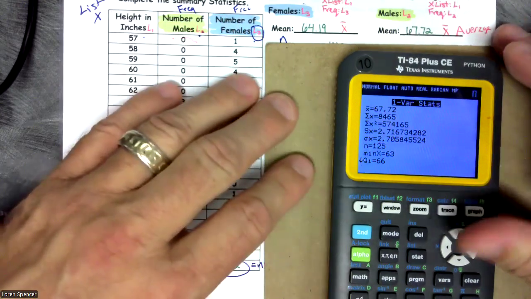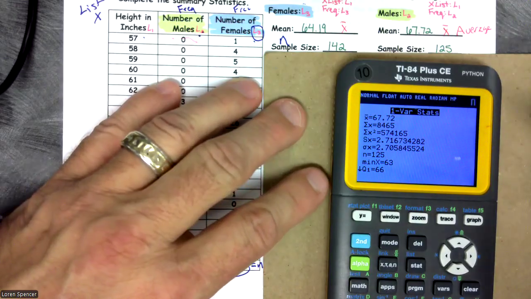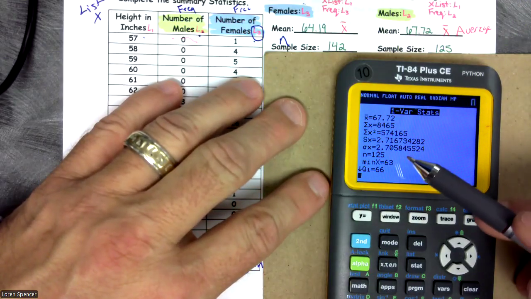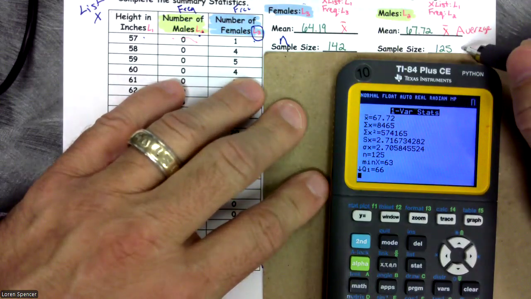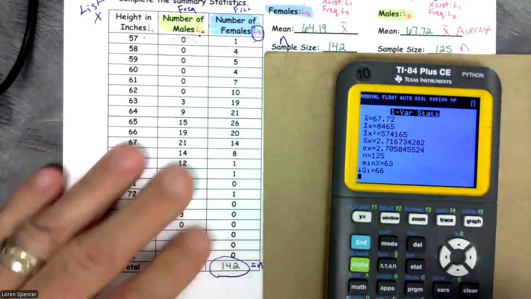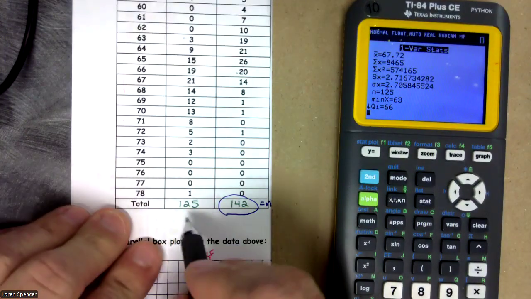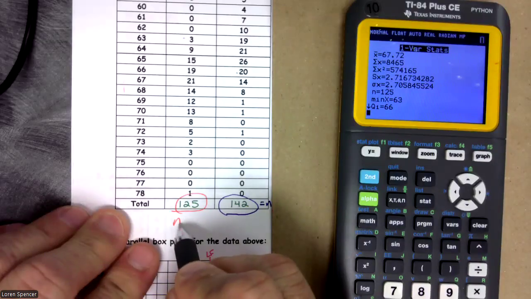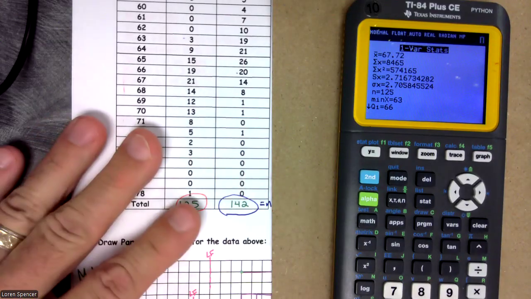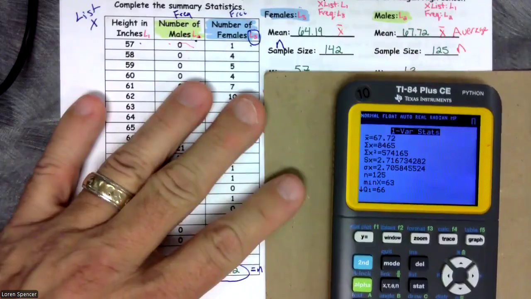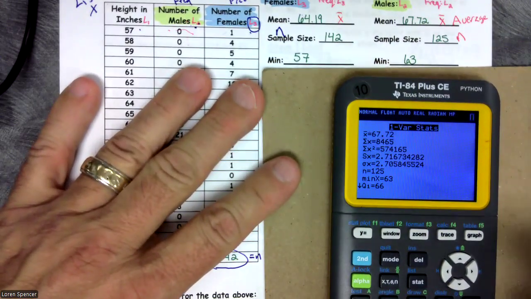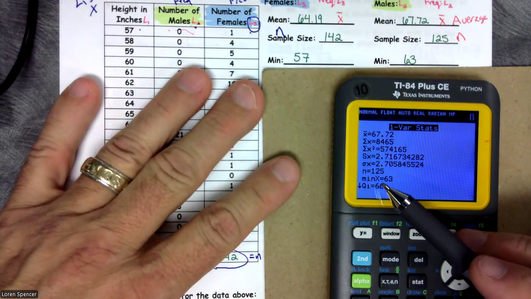The next thing it asks for is the sample size. Sample size, once again, as I said before, is my N, which is 125. And that's also what we need down here. We need the 125. That's our N, or sample size. The next thing it asks for is the minimum value, which we see right here is 63.